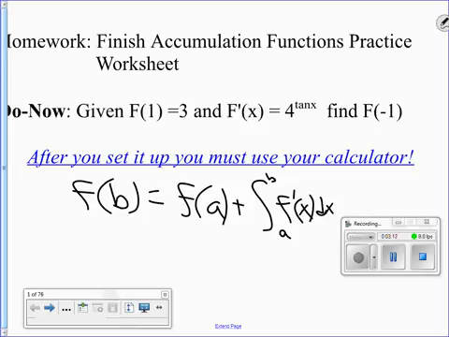So whenever you want to use this, the x value of the given point has to be the lower limit of integration if you're going to use the plus. All right? So sometimes we say, I don't know what to put where. Okay? Well, it's f of a plus the definite integral from a to b. Now, b is the x coordinate that you're trying to find.